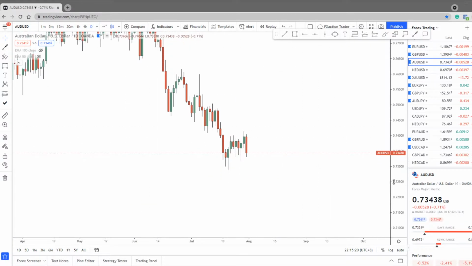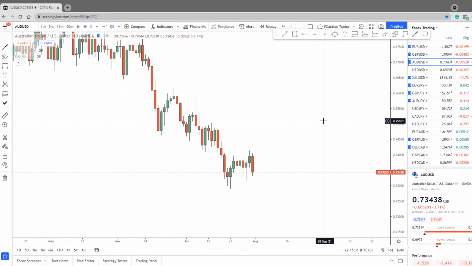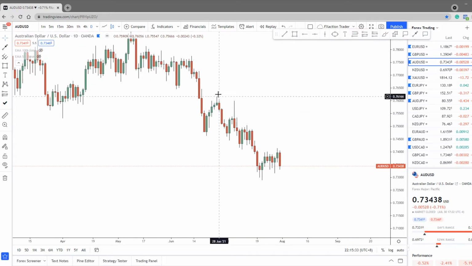On the daily chart, this pair definitely has a better structure and direction compared to both Euro Dollar and Pound Dollar. We can see that the market has completed the downtrend structure.